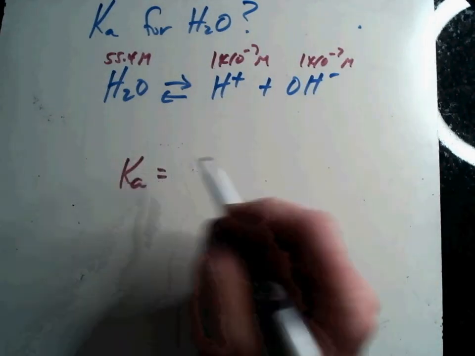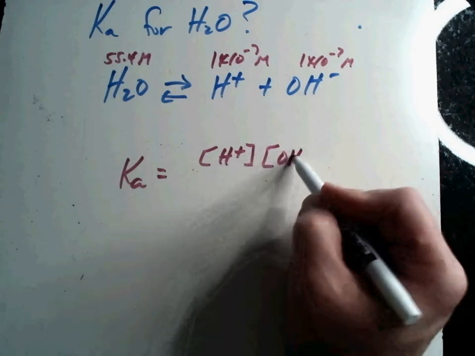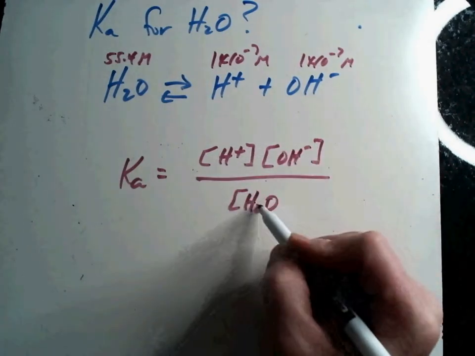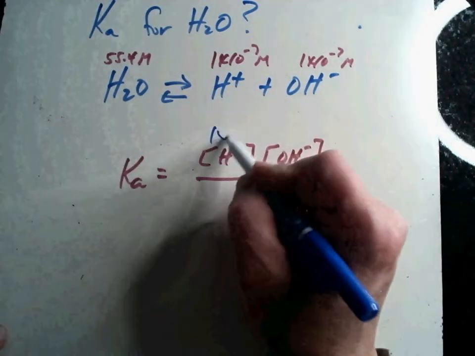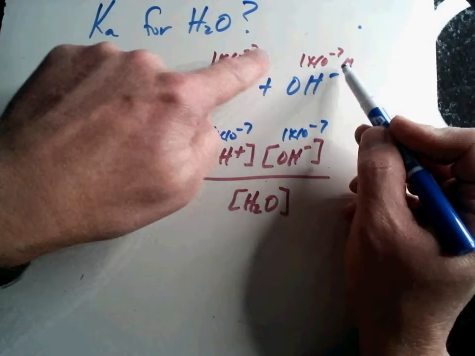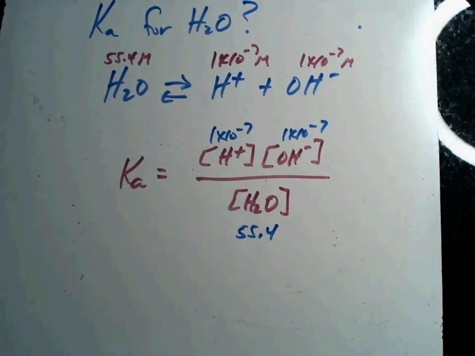So Ka equals the concentration of your products over your reactants. All right, so we plug our numbers in. This is 1 times 10 to the negative 7th. This is 1 times 10 to the negative 7th. Both of them are molarities over 55.4. So what's your Ka?